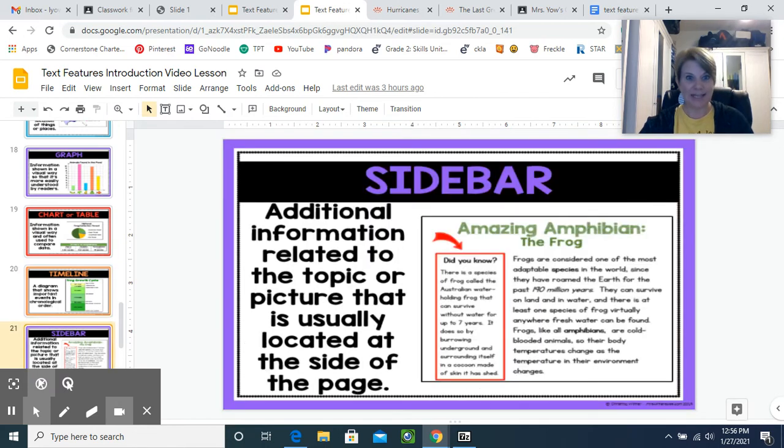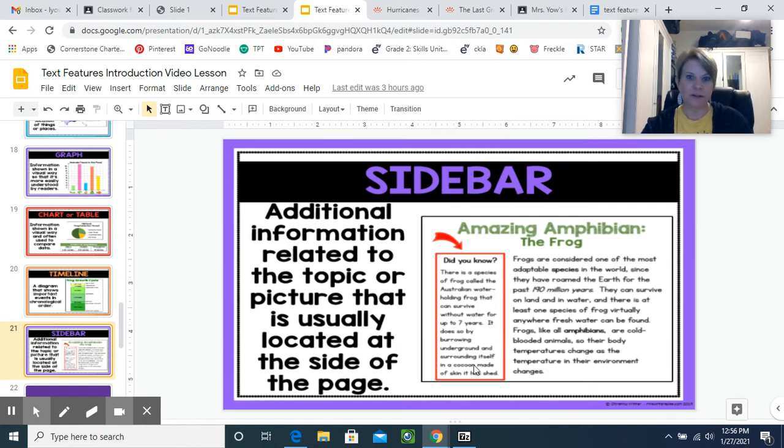Okay, a sidebar. A sidebar is additional information related to the topic or picture that's usually located at the side of the page. So I'm reading all about the amazing amphibian, the frog, on this page right here. Well, I read the text, and then sometimes they're going to throw in a did you know, which is like just an extra bonus fact that you would like to know.